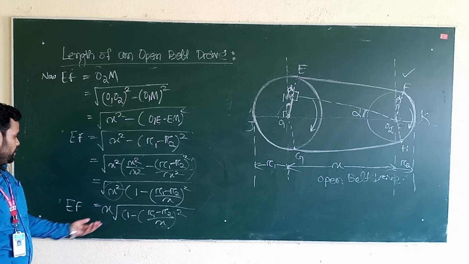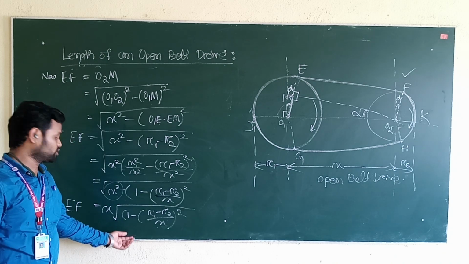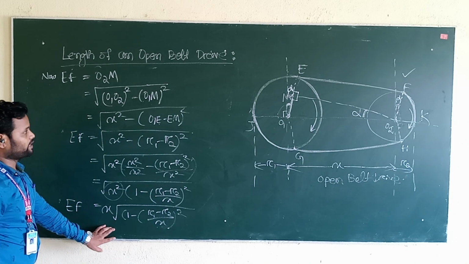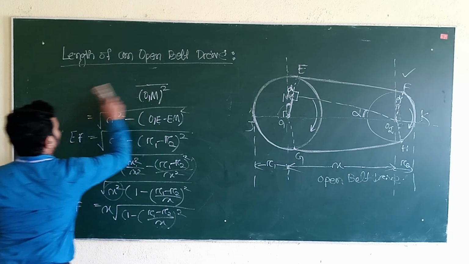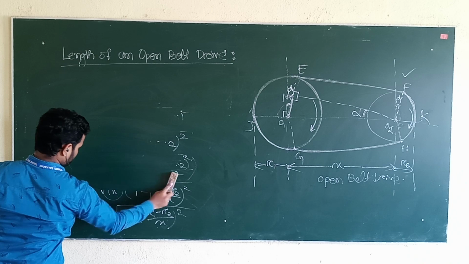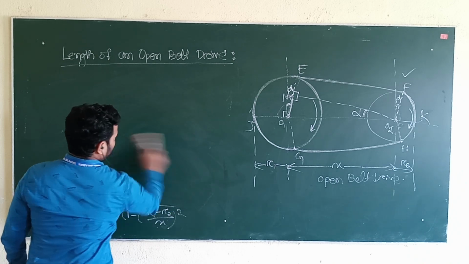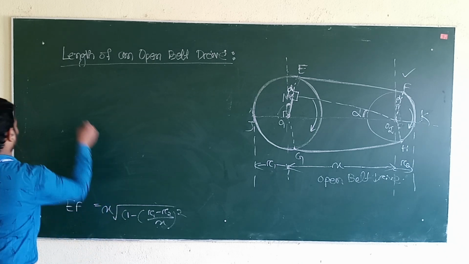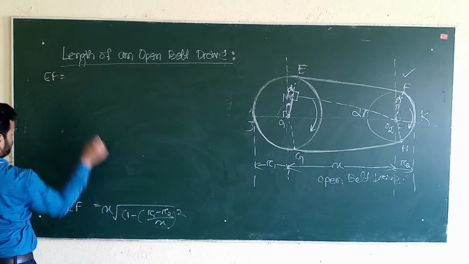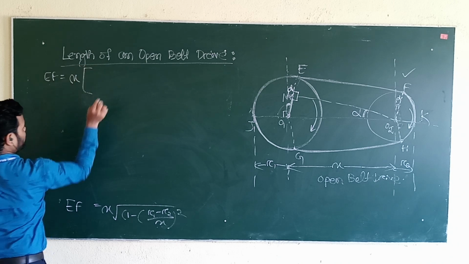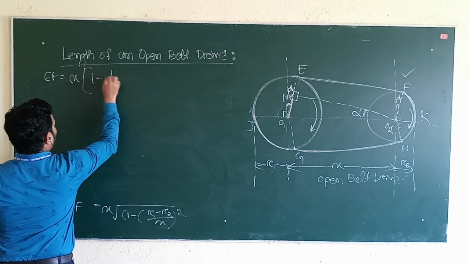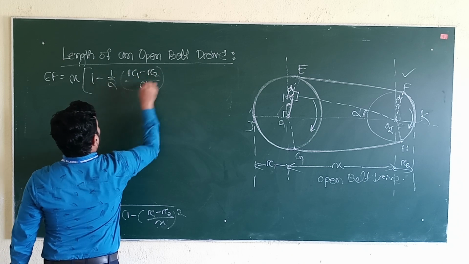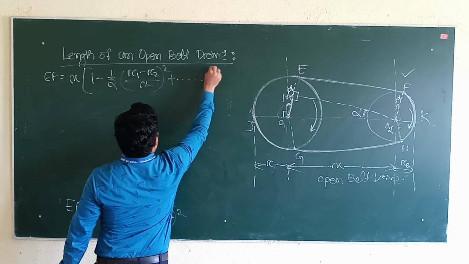Now if we expand this equation using the binomial theorem, what will come? We will get EF equal to X times the bracket 1 minus half of R1 minus R2 by X whole square plus dot dot dot.